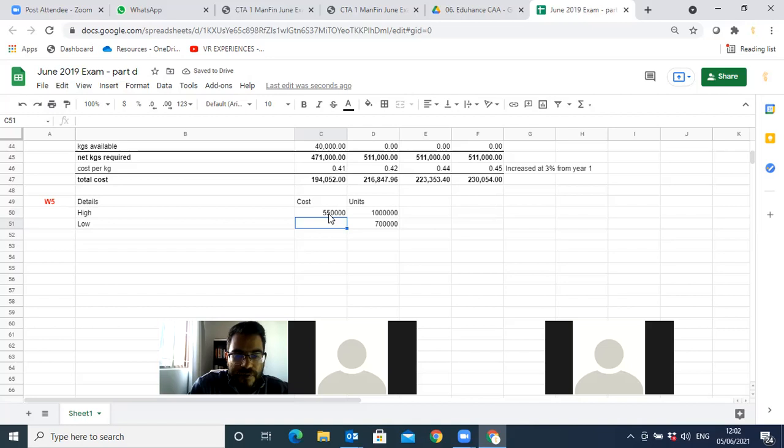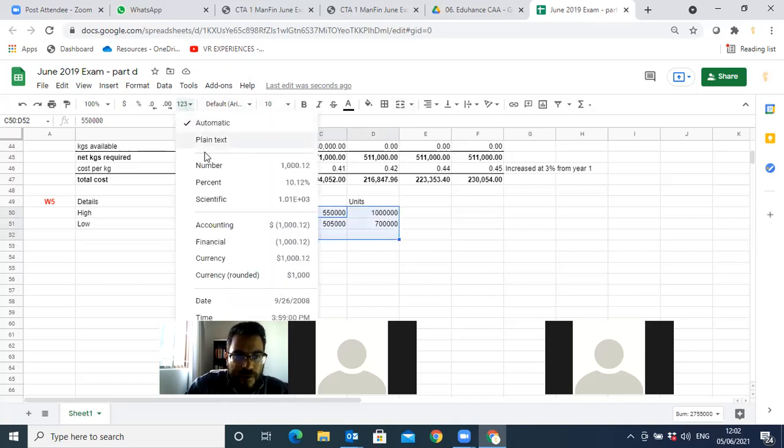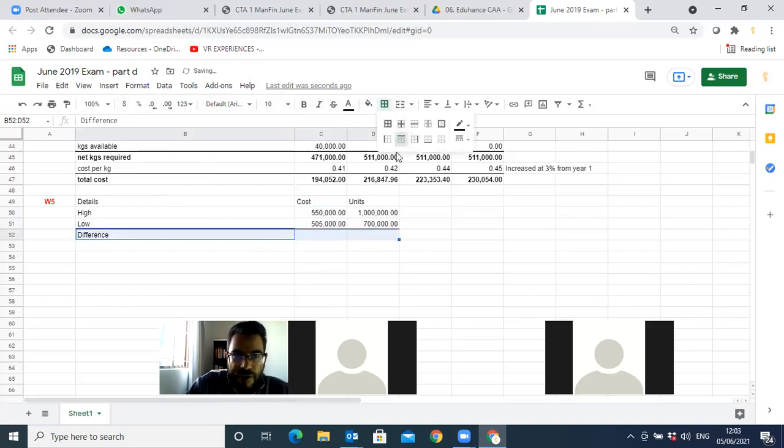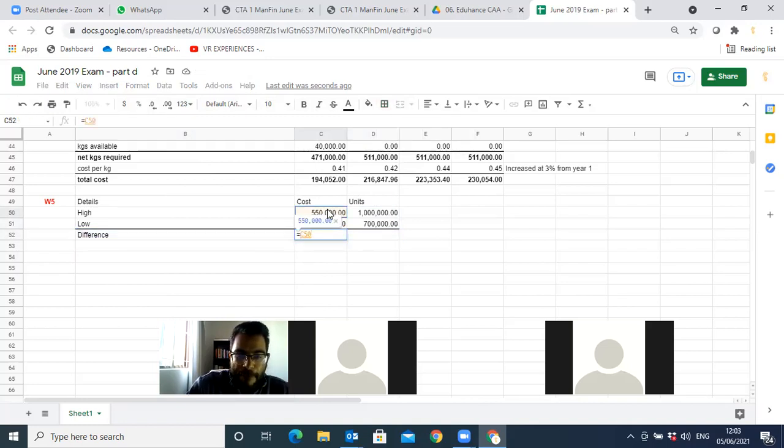And the low? 505. Okay, there we get the difference. So the difference, we just subtract the two from each other, that minus that.